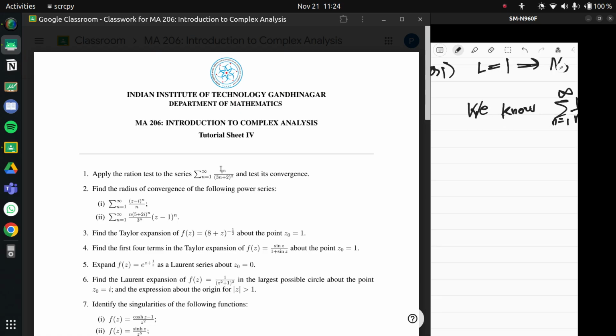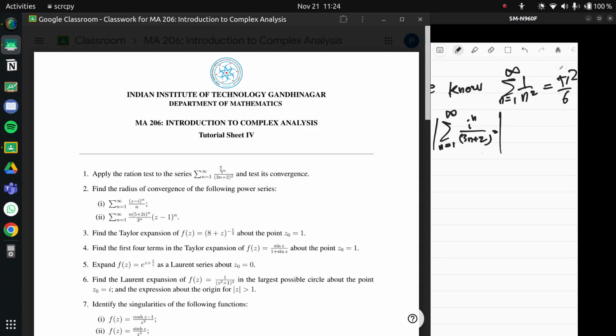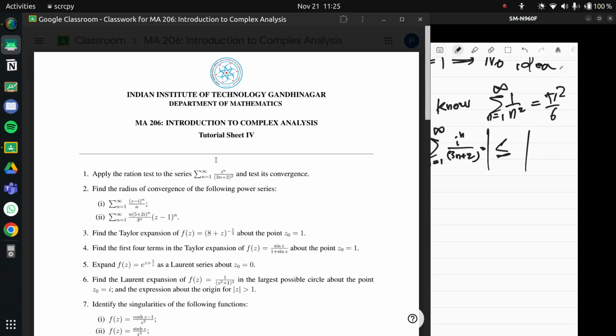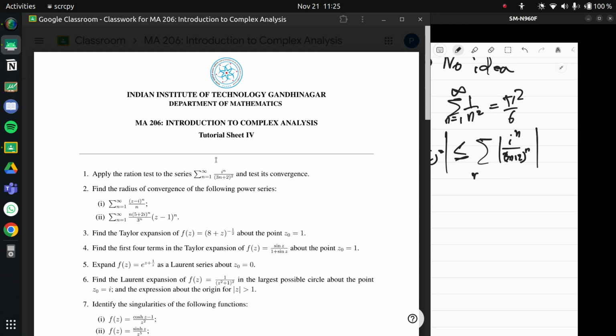Therefore, the magnitude of the summation from n equals 1 to infinity of i to the power n upon 3n plus 2 squared is less than or equal to this summation from 1 to infinity, which we know converges.